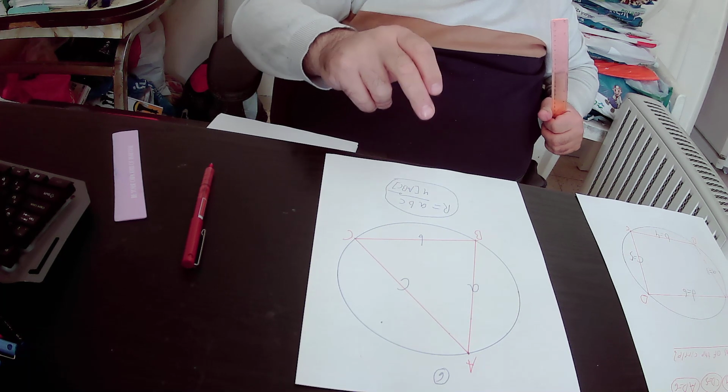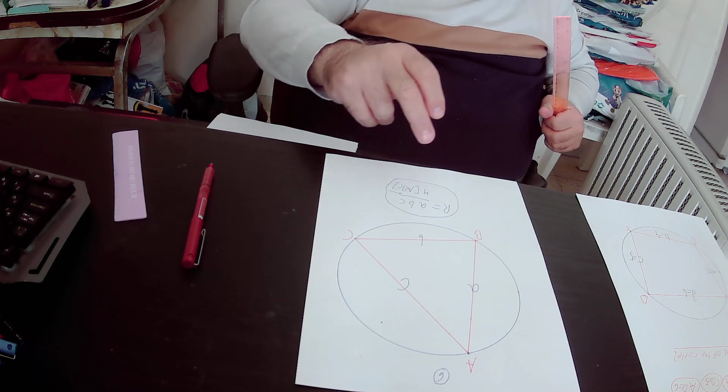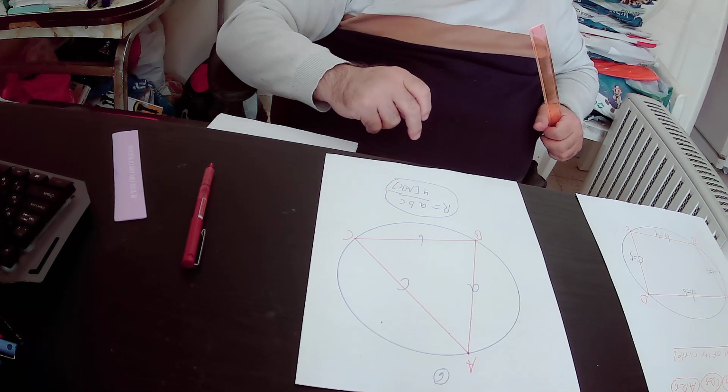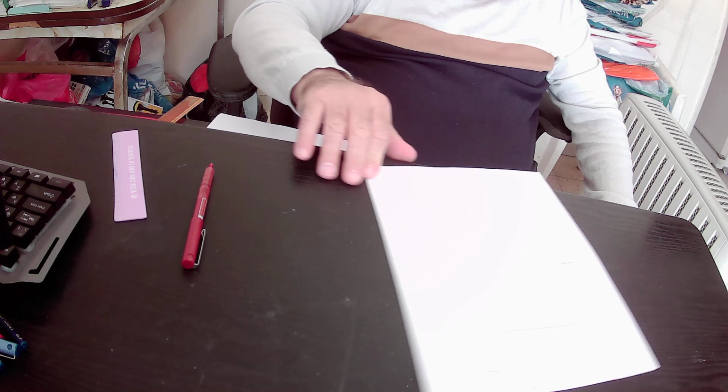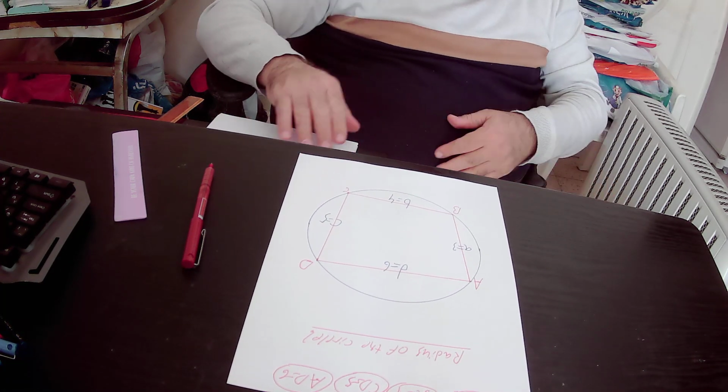So R equals ABC over 4 times the area of triangle ABC. That is rule number 3. So we'll actually implement all 3 rules in our drawing.